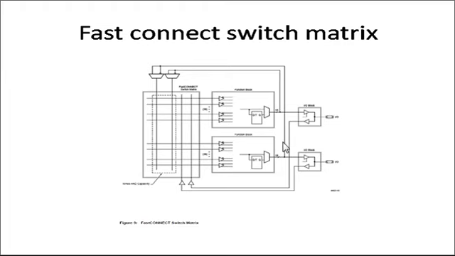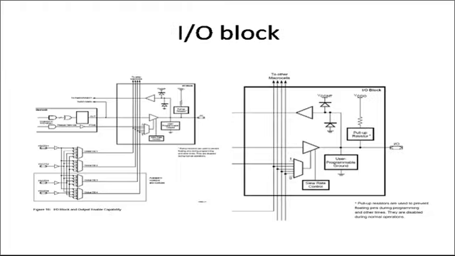These are the outputs from the function block going to the fast connect switch matrix, and these are the inputs from the IO lines, which are also going to the programmable switch matrix. These programmed connections will give the inputs to the function block, as shown in the first diagram. And the last block is the IO block.